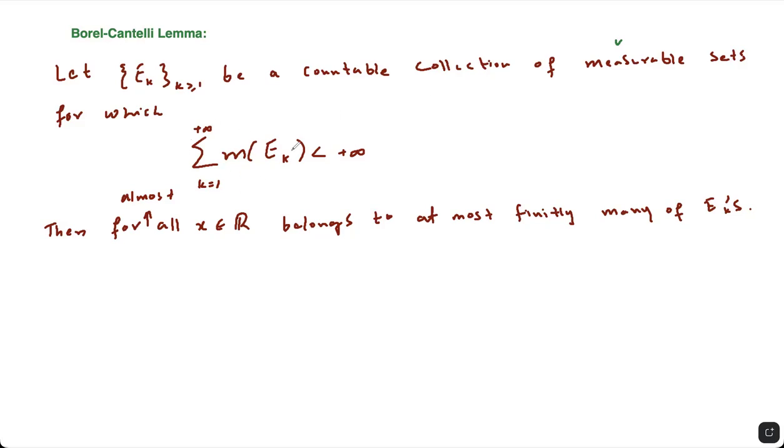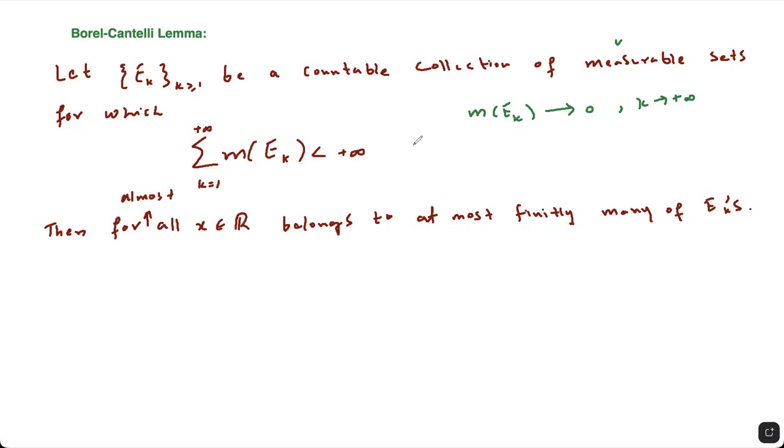If you look at it, it's a series of numbers. If a series converges, it means the k-th term, the measure of E_k, approaches 0 as k approaches infinity. What does that mean?